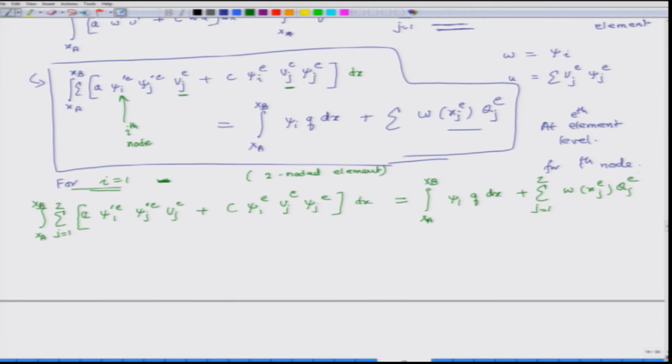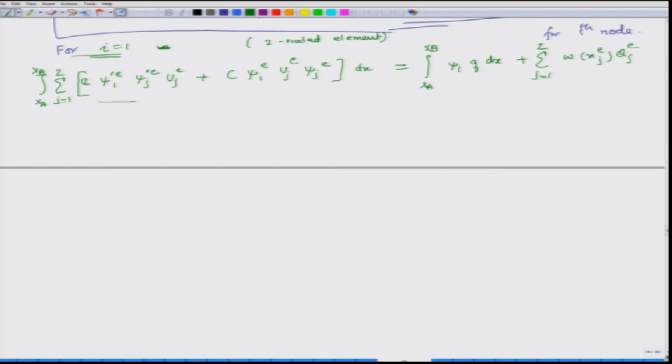Now let us look at the left hand side again carefully. I can re-express this LHS as K11 times U1 E plus K12 times U2 E. This is only for the first equation, so I is equal to 1.